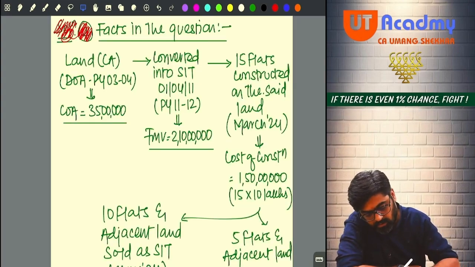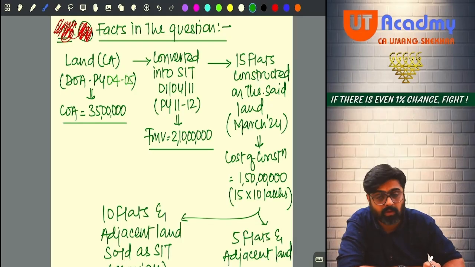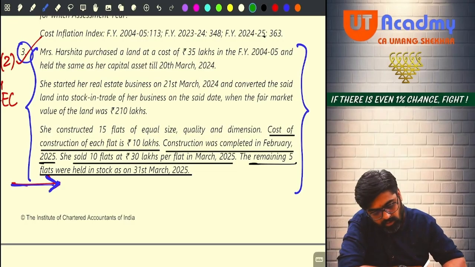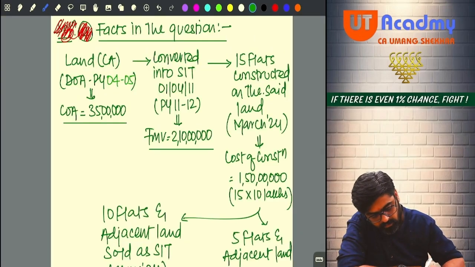So in the year 2004-5, you acquired one land. At what cost you had acquired that land? 35 lakhs. 35 lakhs was the cost of the land.